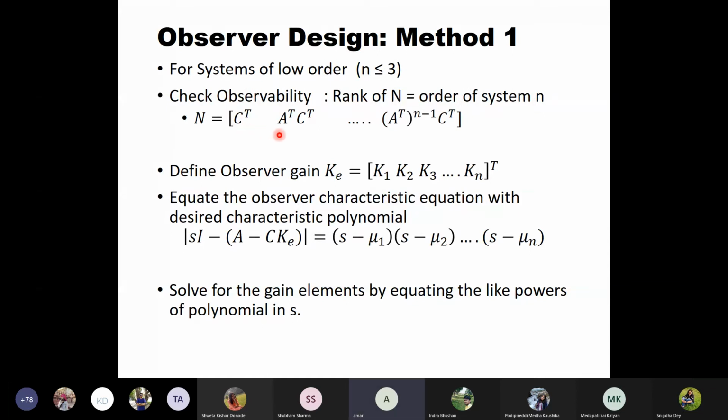Once we confirm the system is observable, then we define the observer gain Ke as K1, K2, K3 to Kn. And then we equate the observer characteristic equation with the desired characteristic polynomial. The desired characteristic polynomial is S minus mu1, S minus mu2, up to S minus mu n, where mu1 to mu n are the observer poles or the desired poles of the observer.